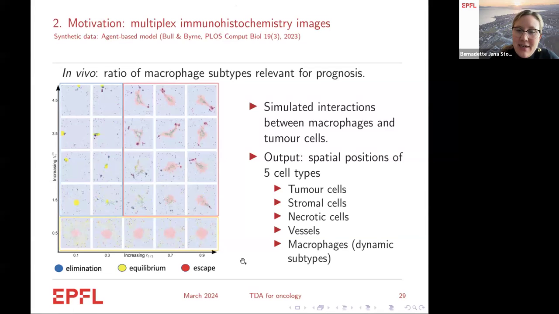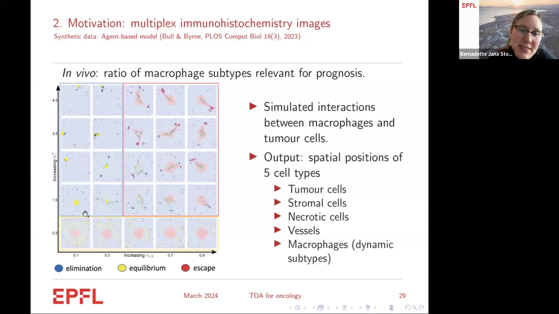Now, related to these macrophages, there are 2 parameters that can be varied in this model, and depending on what combination you choose over time, you end up in a different qualitative regime. So here in this yellow area, we have an equilibrium between the tumor cells and the immune cells. So we have the tumor here in red sitting in the middle, and then the yellow cells around it are the macrophages.